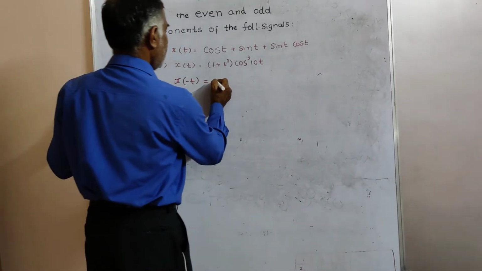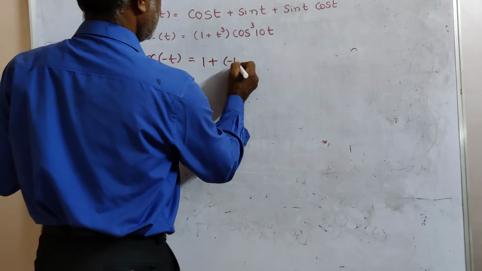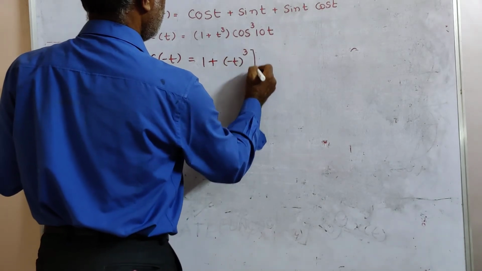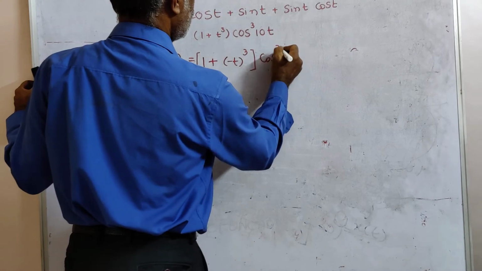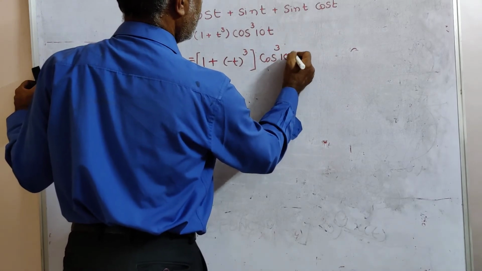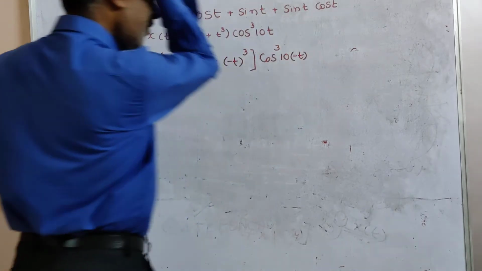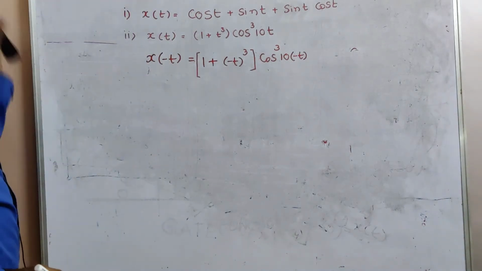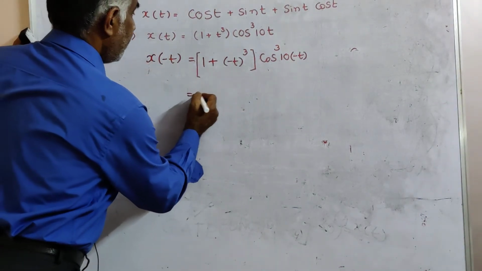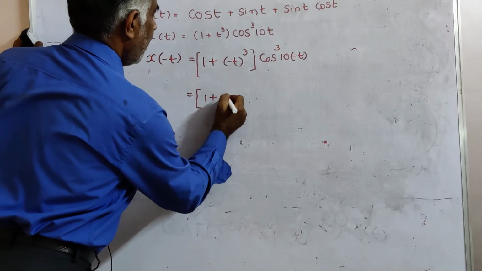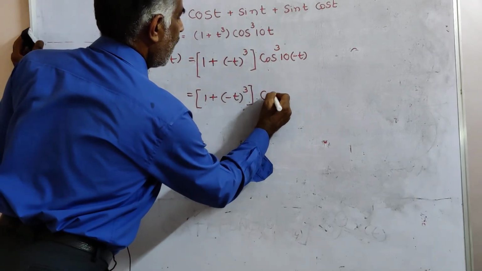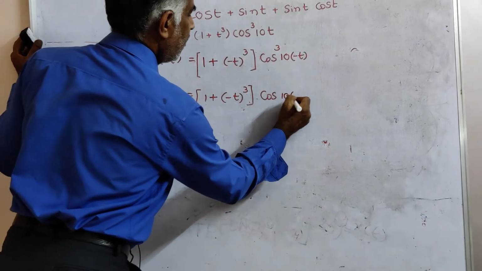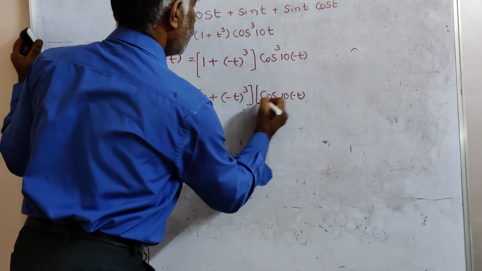We get (1 + (-t))^3 into cos^3 of 10(-t).